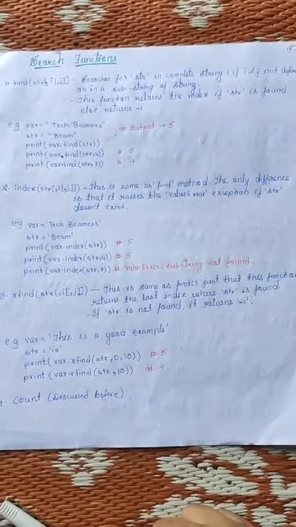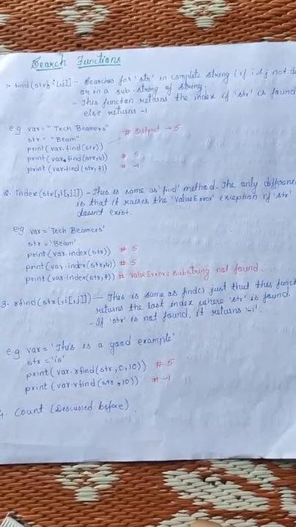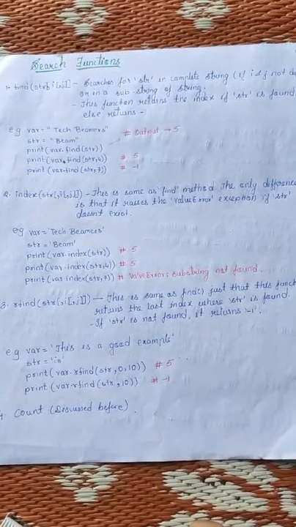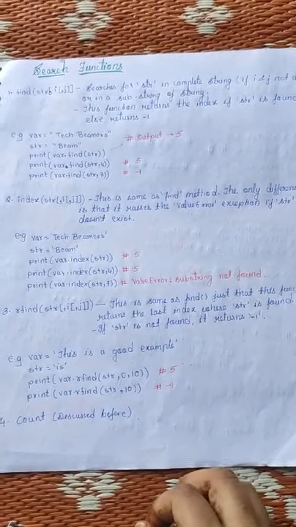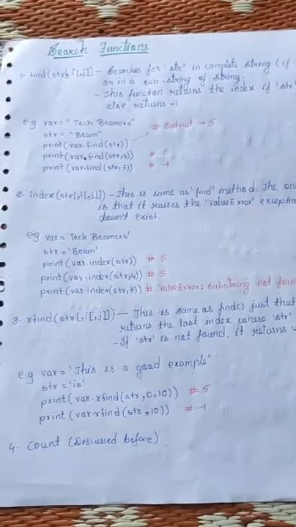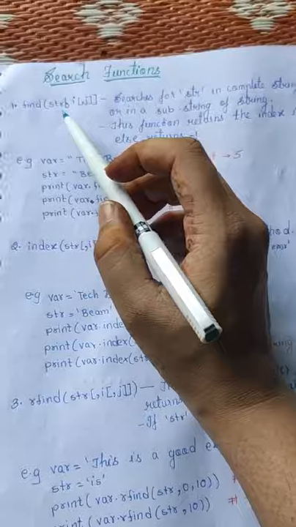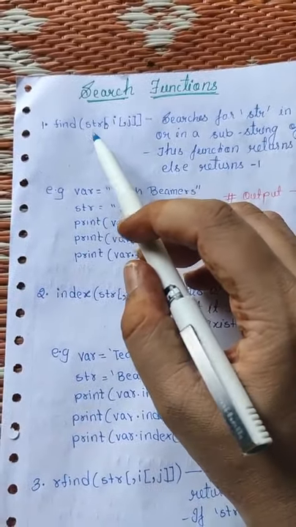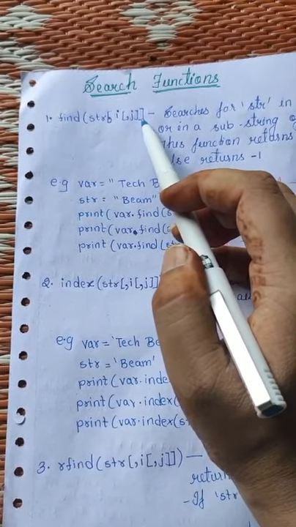Now next, one more type of functions is the search functions. As the name suggests, they allow me to search for some characters or substrings in a given string. So first let's see the first function, that is find. Here, as you can see, we have str and then the i, j parameters.